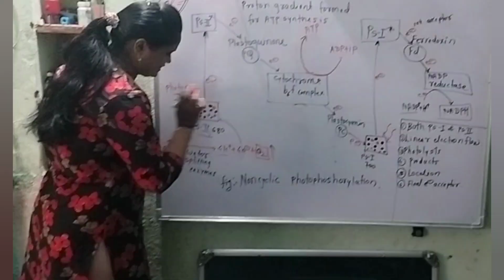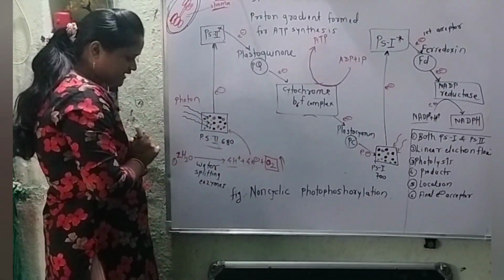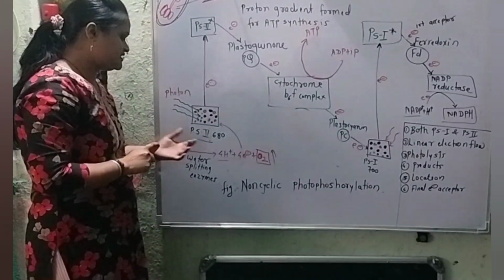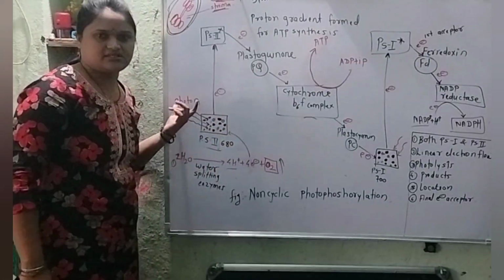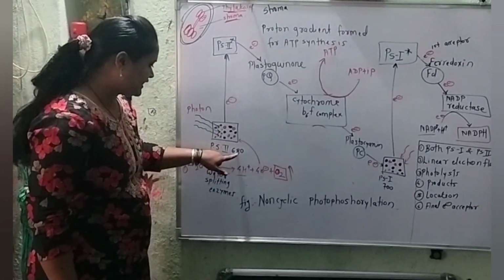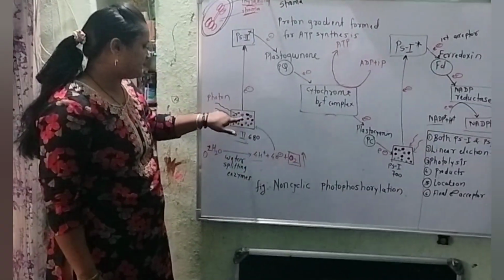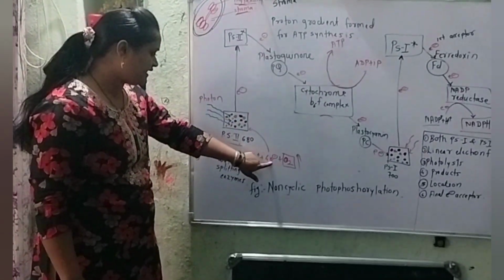When the electron is released, it is transferred to pigment system second on the thylakoid membrane. Pigment system second is activated by light of 680 nanometer wavelength. When it gets 680 nanometer light, the electron gets excited.